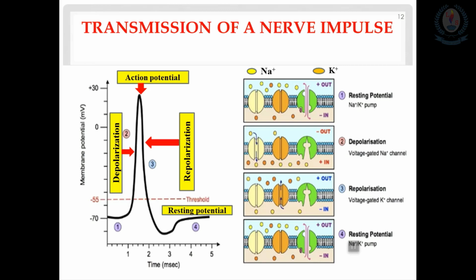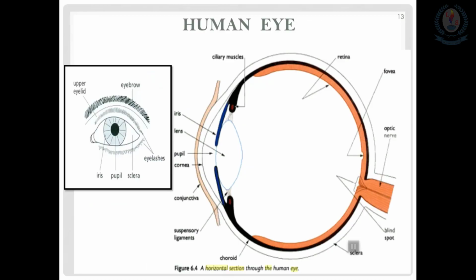Again, the ion exchange pumps in the membrane sort out the imbalances of sodium ions and potassium ions and return the neuron to its resting stage as given here in the last part of the graph. Remember, nerve cells are also called excitable cells as they can change their membrane potential in this way.